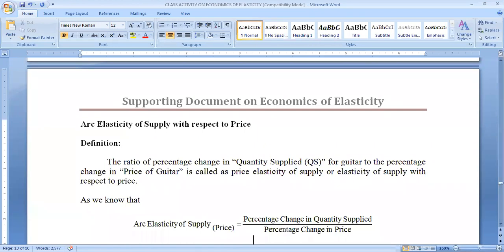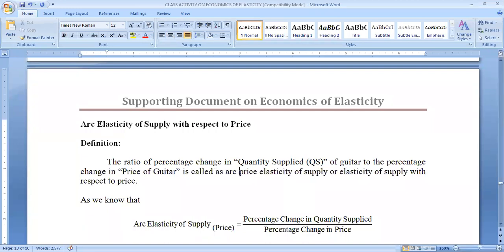Let's define arc elasticity of supply with respect to price by saying that it is the ratio of the percentage change in quantity supplied of guitar to the percentage change in price of guitar, called arc price elasticity of supply or arc elasticity of supply with respect to price.